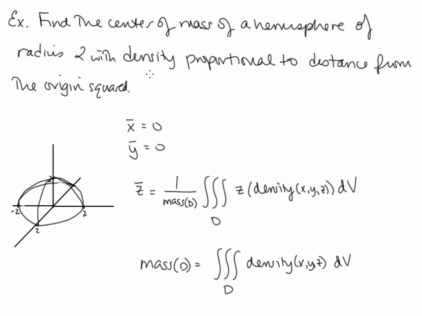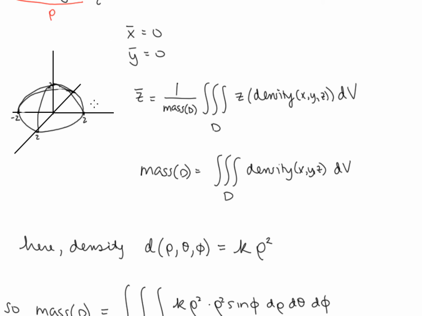The density is proportional to the distance from the origin squared. Well, distance from the origin is rho. So density is proportional to rho squared. And we said that dV is rho squared sine phi d rho d theta d phi.